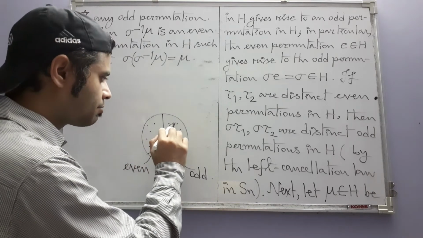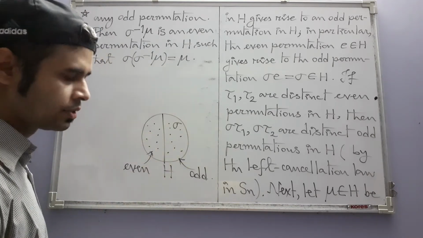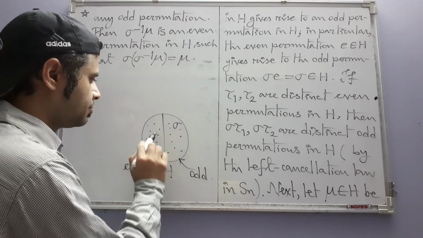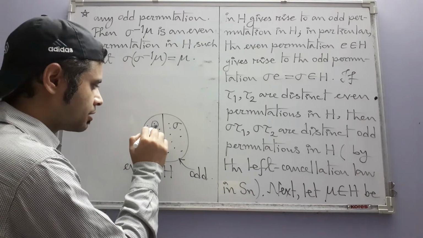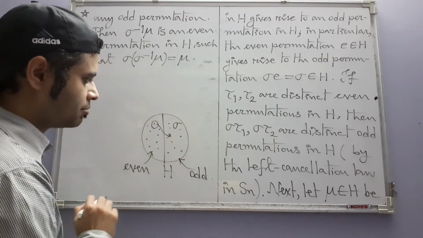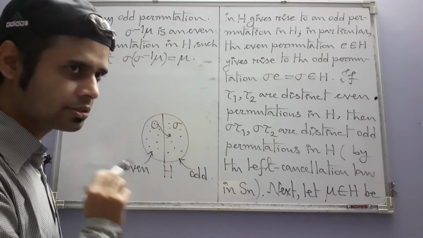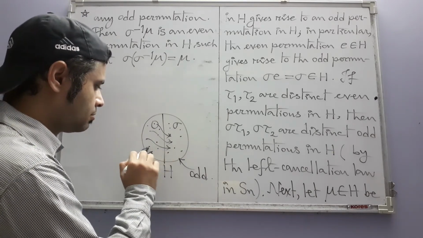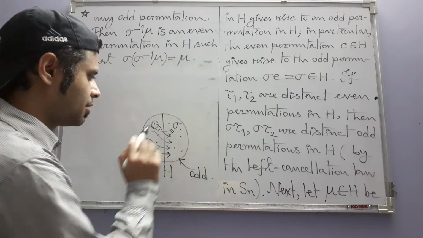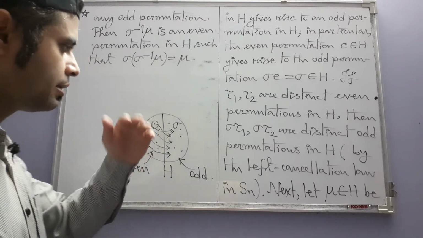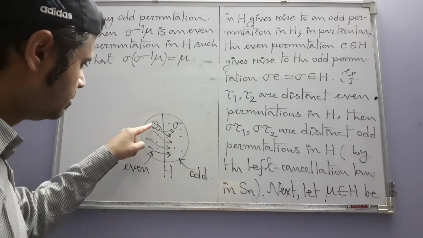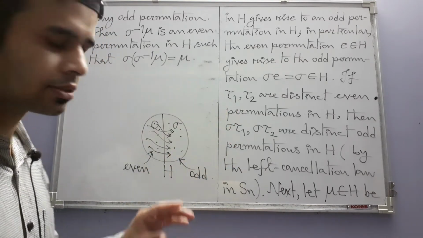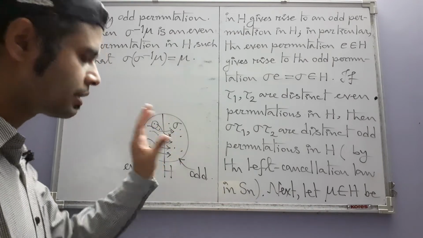One of these odd permutations is sigma, and what we have shown first of all is that every even permutation gives rise to an odd permutation through multiplication by sigma. So that way we have got many odd permutations. What we then showed is that different even permutations give rise to different odd permutations. So this is a one-to-one injective function.